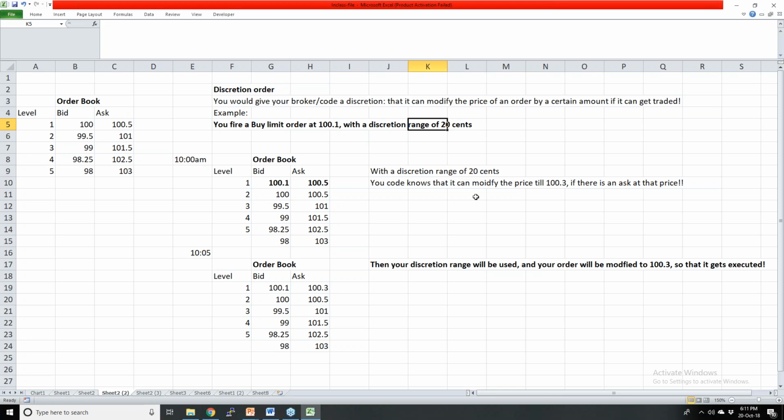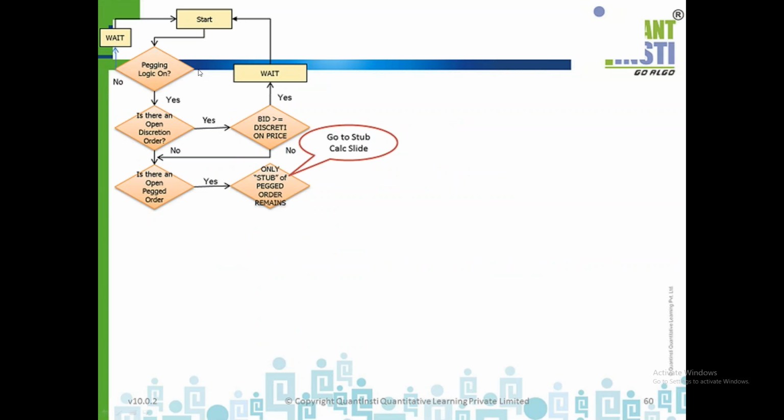So I know that my order will not get executed, right? So I will simply wait. If no, if it is less, then I will check if I already have a pegged order there. You see what I'm saying? This is for buy.